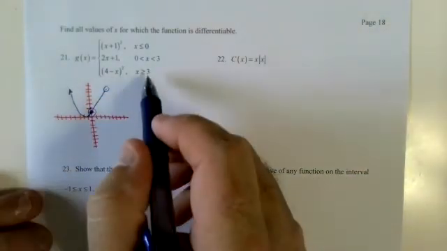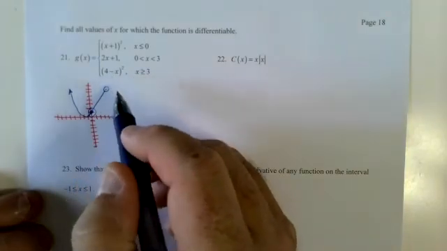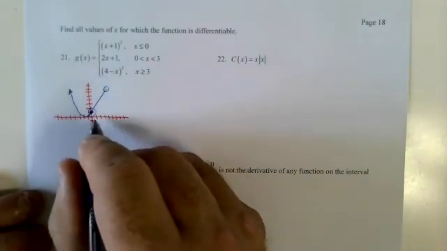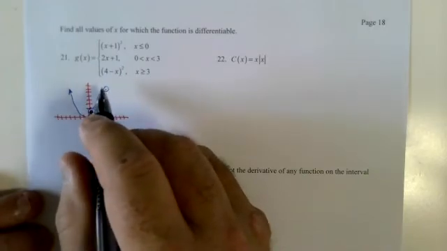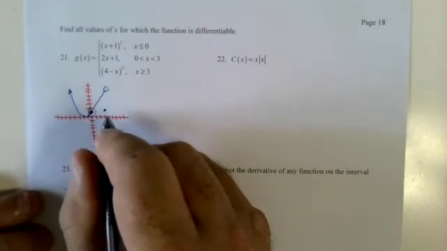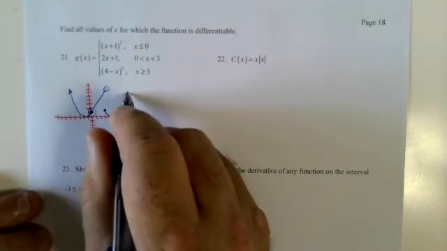And then plug in 3. Now we're off somewhere else. So it's 1, 2, 3 here, solid, and that is, I believe, something like this.